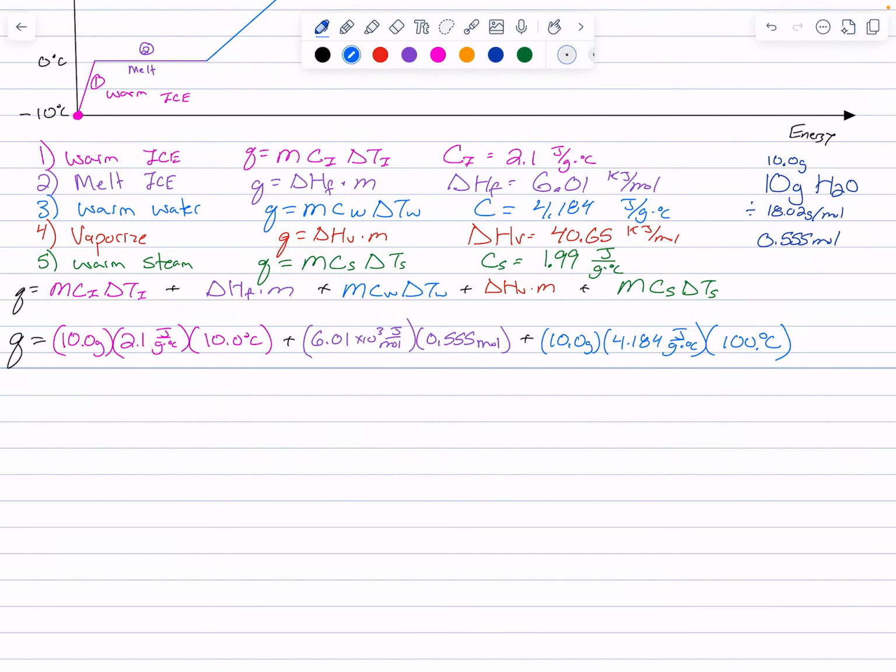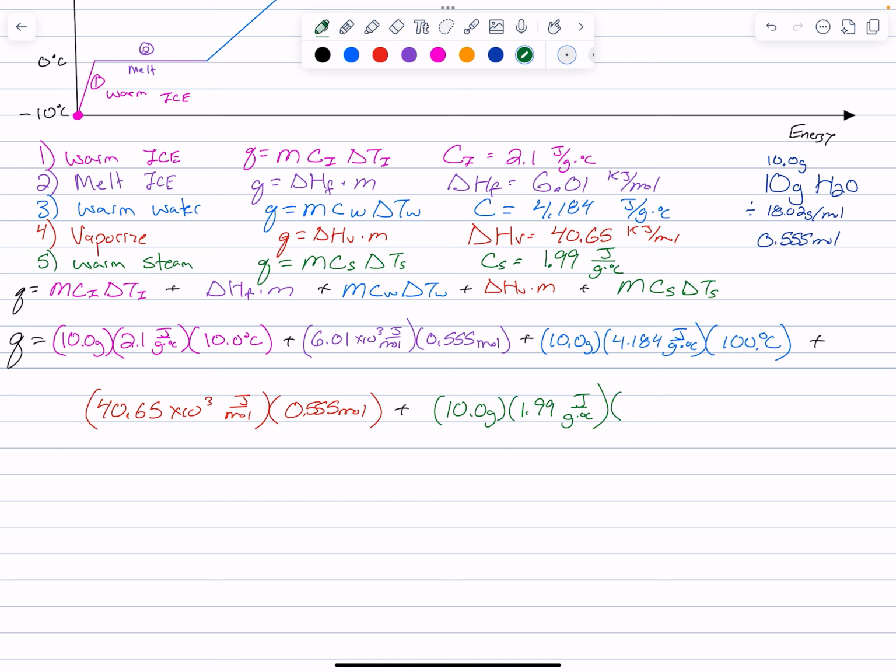It goes from 0 degrees Celsius up to 100. Then we're going to add the steam. And the steam is 40.65 times 10 to the third joules per mole, and times 0.555 moles. And finally, warming the steam would be 10.0 grams, 1.99 joules per gram degrees Celsius, and change of 10 degrees Celsius.